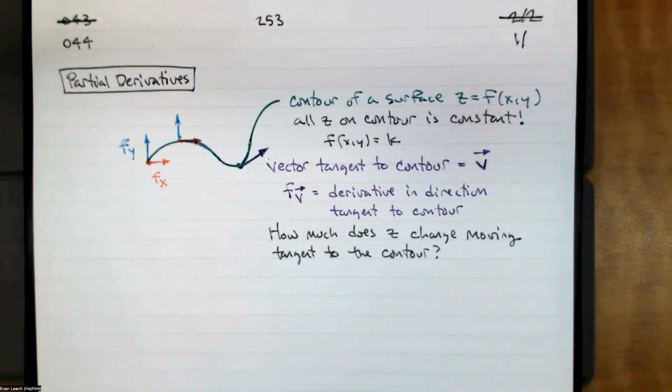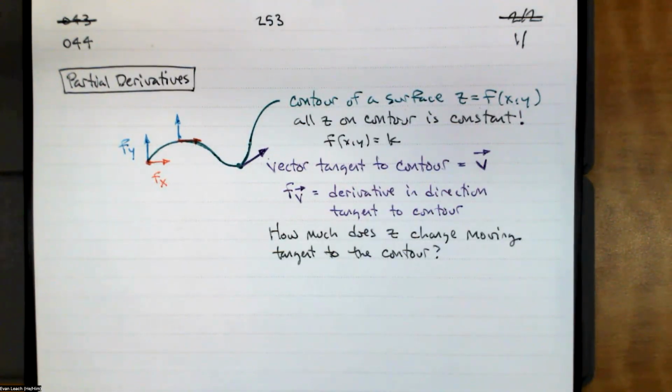What will be the rate of change of the function in a direction tangent to the contour? And how can we think about that? And then how will the mechanics work out? So does anybody have any ideas? How much does z change if we're moving tangent to the contour?